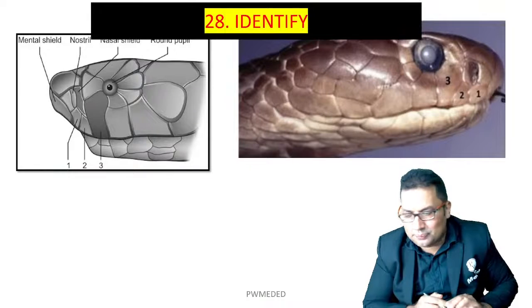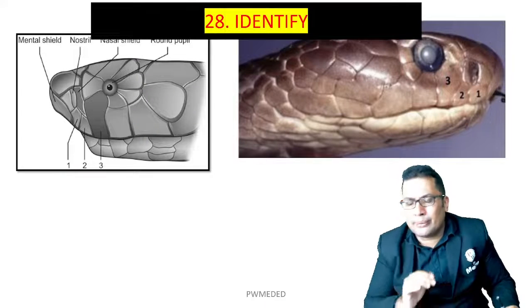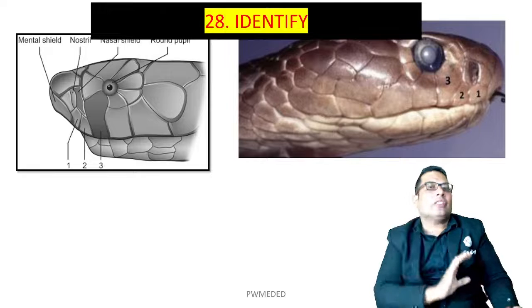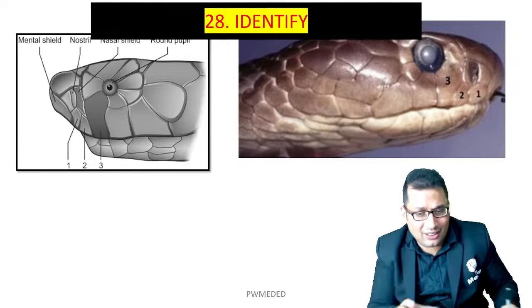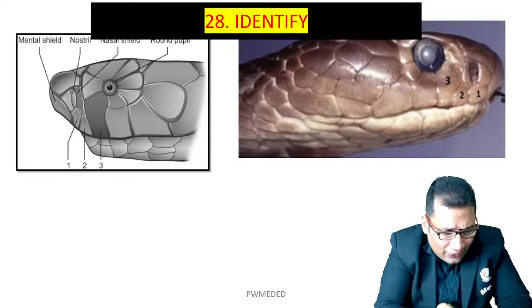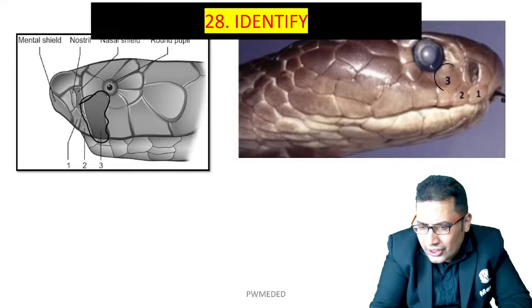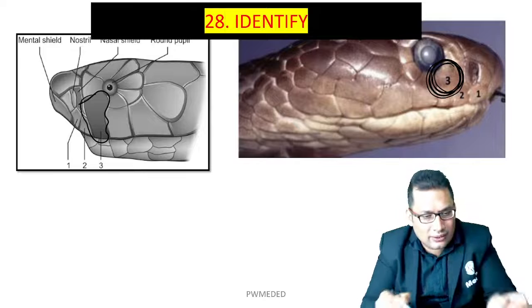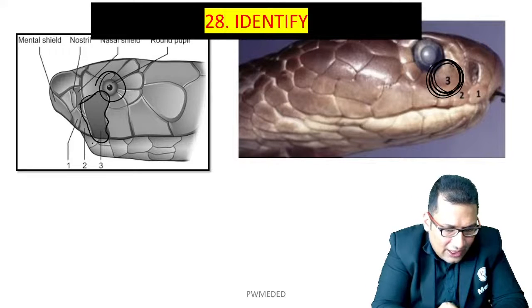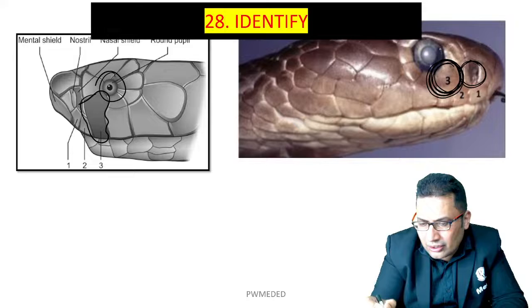Question number 28. In question number 28, there is an image given, and the image is of a snake. In this snake, what you can see here is the third supralabial. The third supralabial touches the eye and the nostril. See here, it touches the eye as well as the nostril.